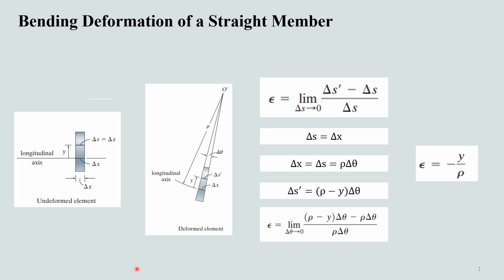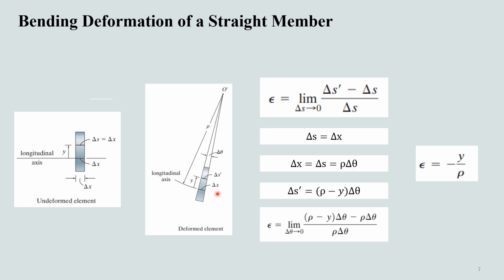Before deformation, del s is equal to del x. After deformation, del x has a radius of curvature rho with center of curvature at point O dash somewhere. Since delta theta defines the angle between the sides of the element, del x is equal to del s is equal to rho into del theta.